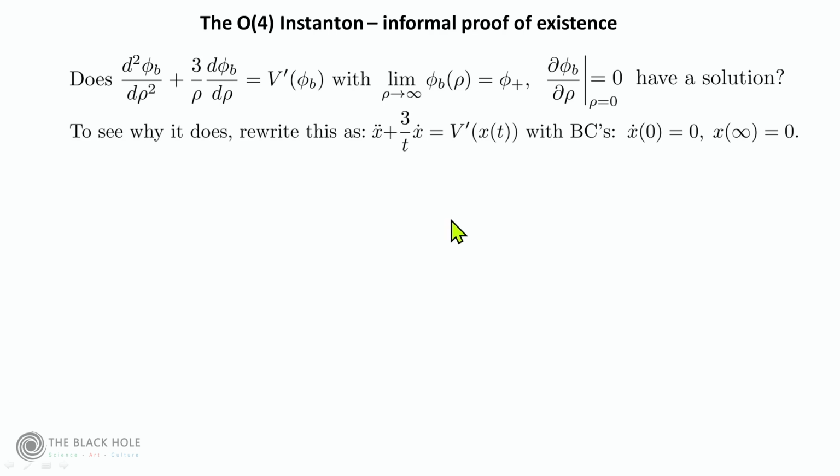Call phi b x, rho t. Then this is x double dot plus 3 over t x dot equal to v prime, which depends upon t through x.